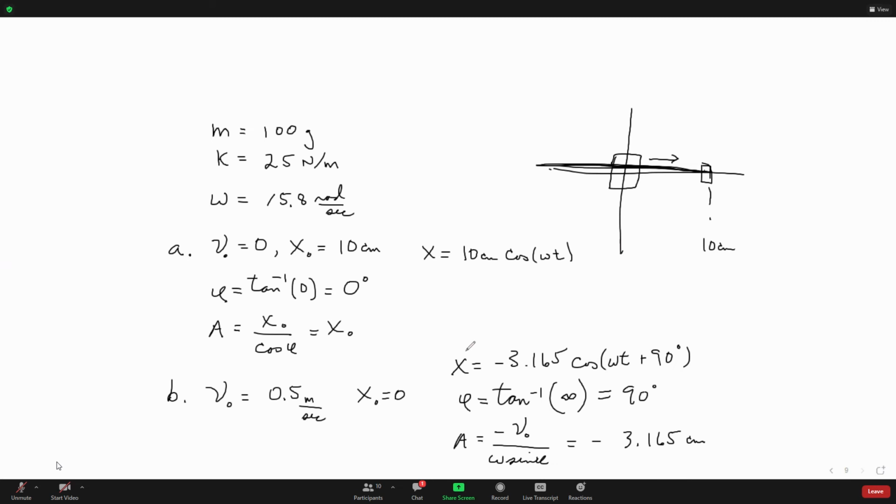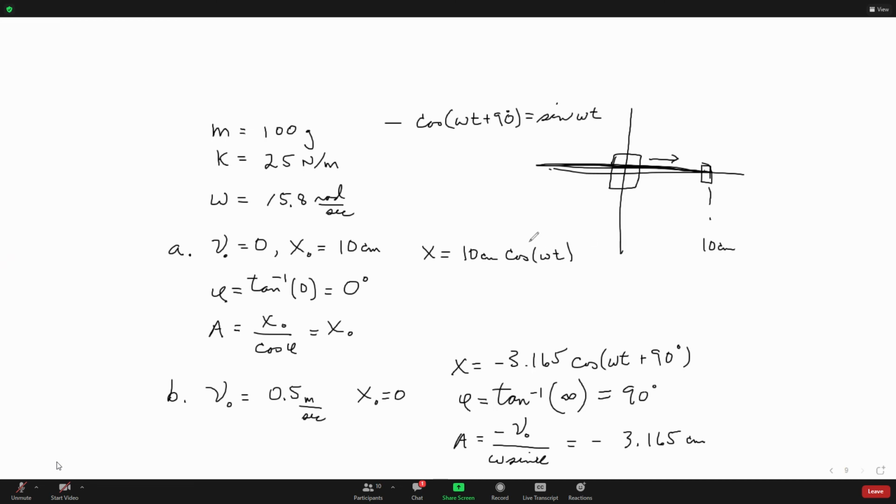It turns out that minus the cosine of omega t plus 90 degrees is equal to the sine of omega t.